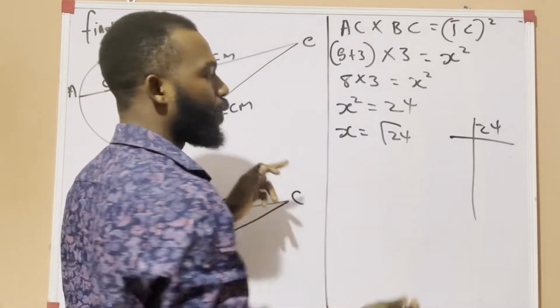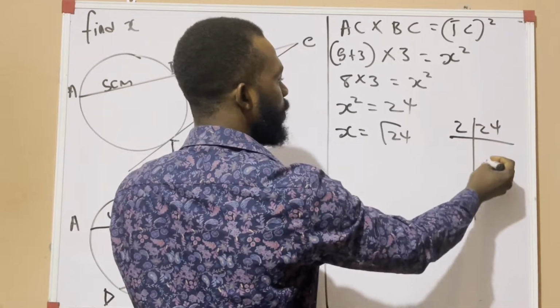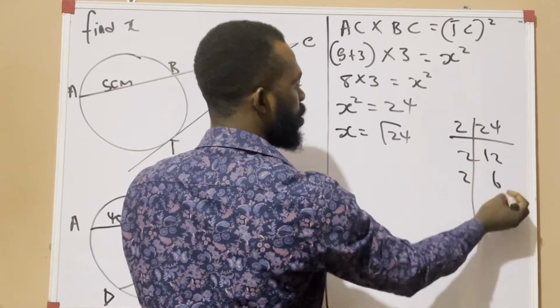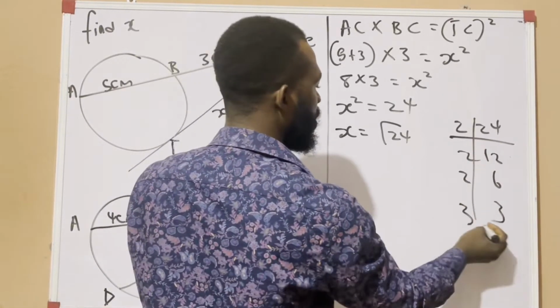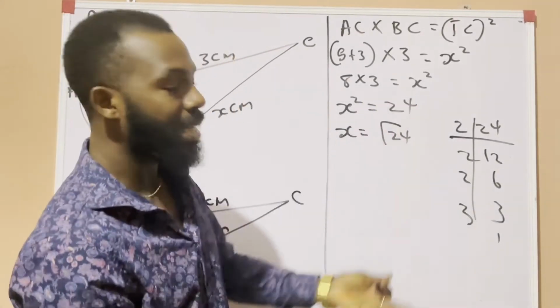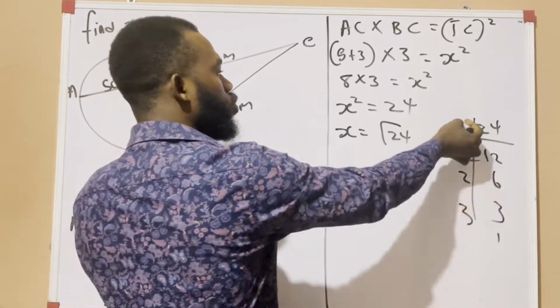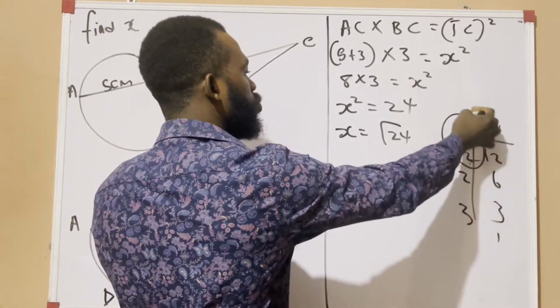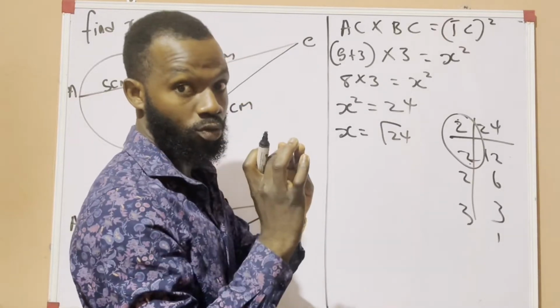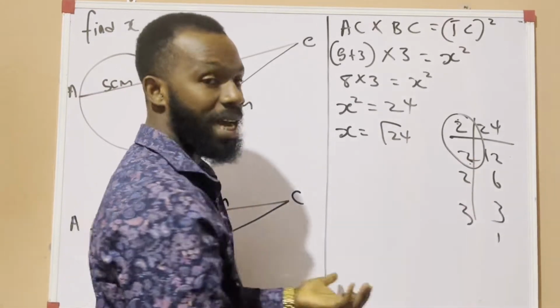What goes into 24 is 2. 2 into 24 gives us 12, and 2 into 12 gives us 6, and 2 into 6 gives us 3, and 3 into 3 gives us 1. Now, the first two numbers that are the same here are 2 and 2. Although there are three 2's here, you're going to pick just 2. Now we have 2 and 3, but they are not the same.